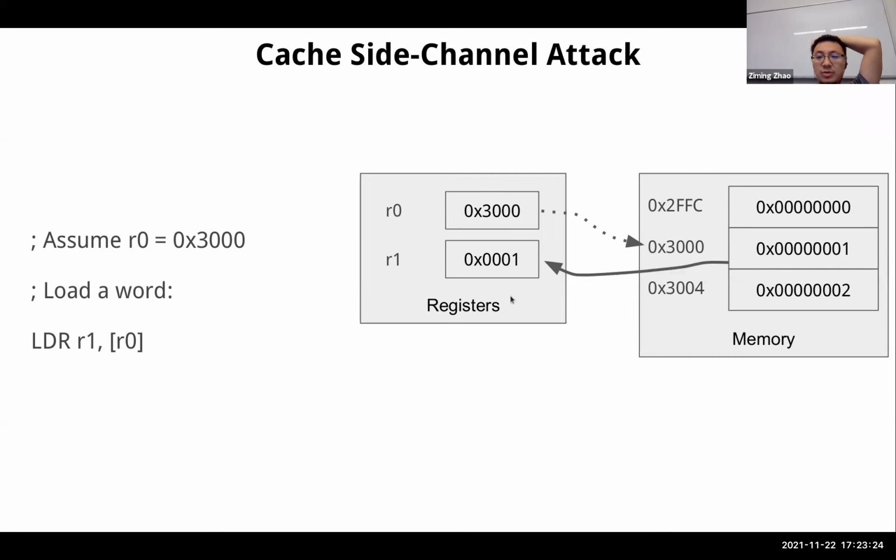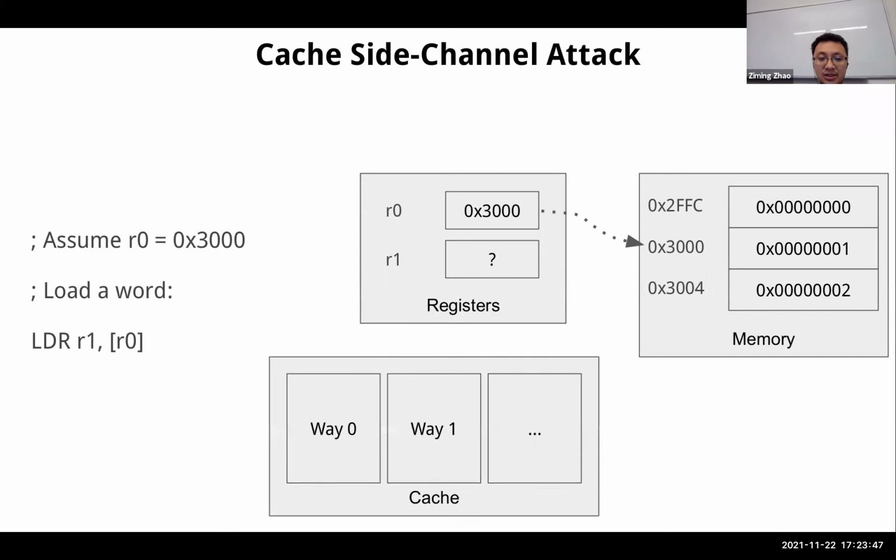So you may think, especially from what we are doing so far in the class, that when this instruction is executed, the data 1 is directly loaded into the register, right? But underlying, what really happens is much more complicated than this, okay?